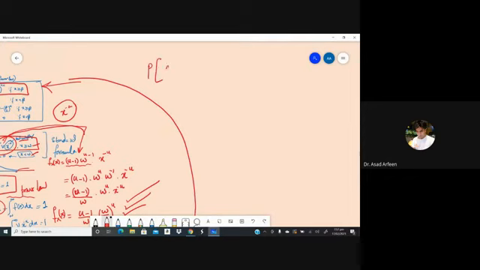The probability that random variable X is less than or equal to x is always the integral from minus infinity to plus infinity of the density function. In this case, the lower limit is beta.